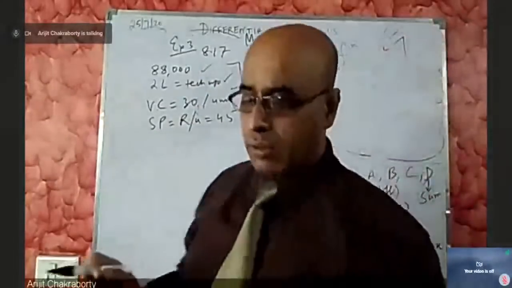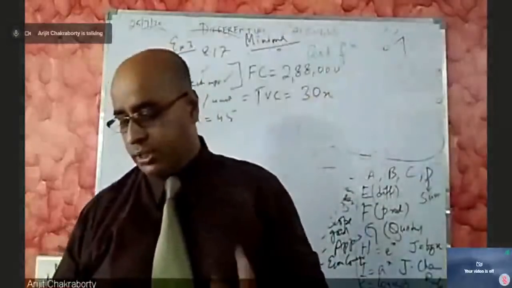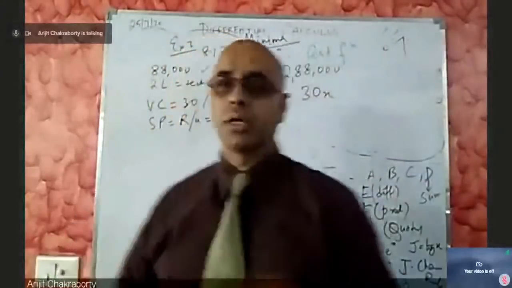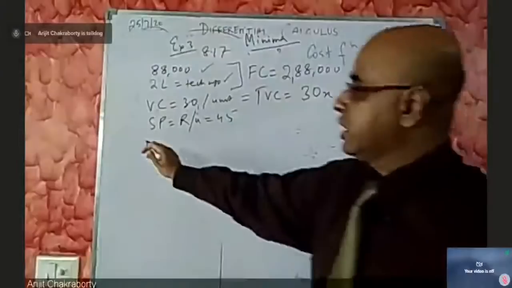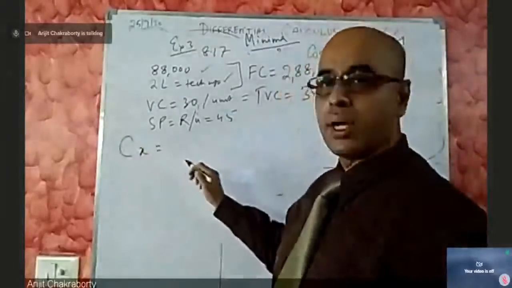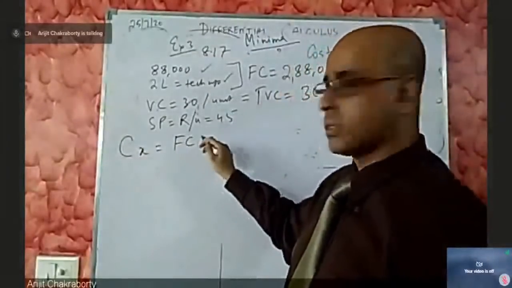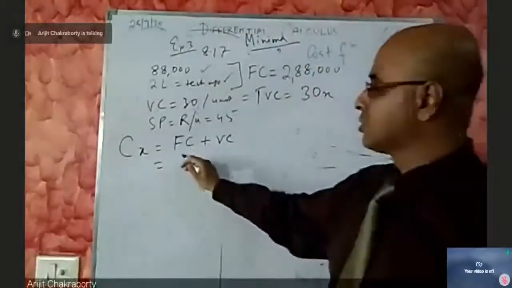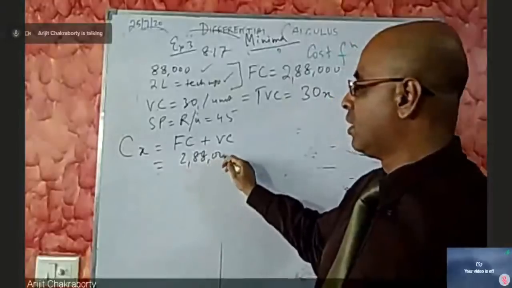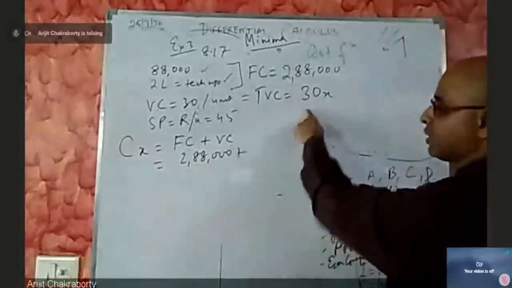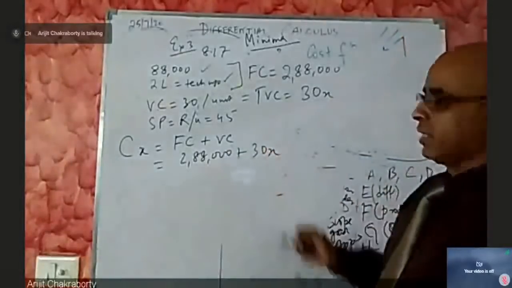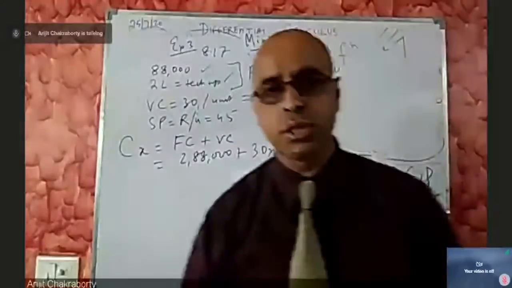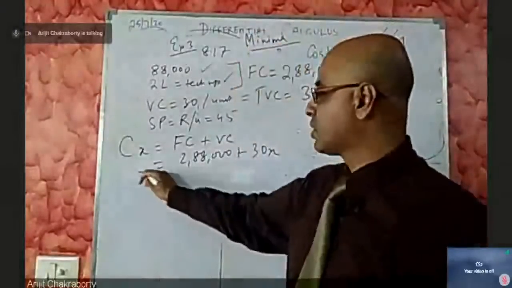So the first question is, what is the total cost function? The cost function Cx is fixed cost plus variable cost. So my fixed cost is 2,88,000 plus my total variable cost, that is 30x. This is my cost function.